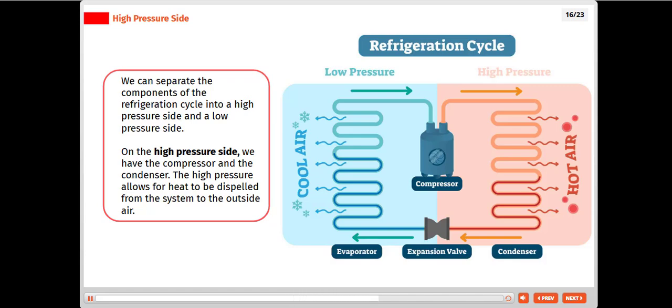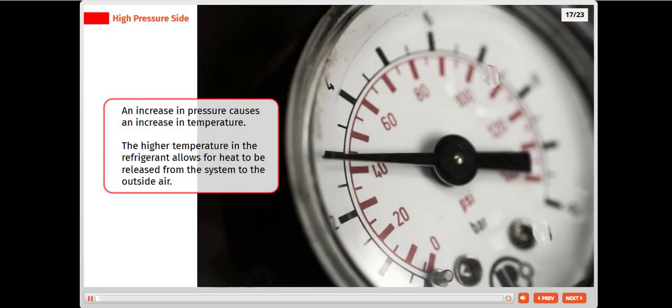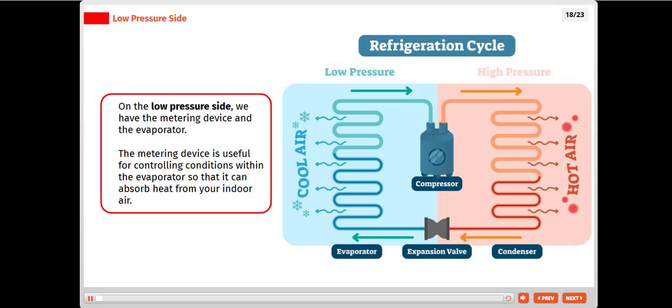An increase in pressure causes an increase in temperature. The higher temperature in the refrigerant allows for heat to be released from the system to the outside air. On the low pressure side, we have the metering device and the evaporator. The metering device is useful for controlling conditions within the evaporator so that it can absorb heat from your indoor air.